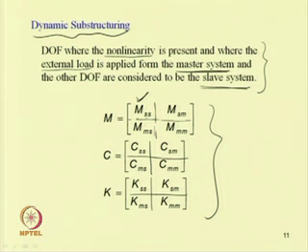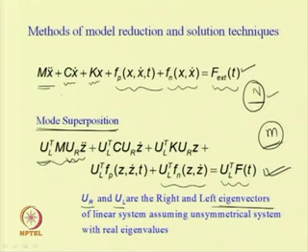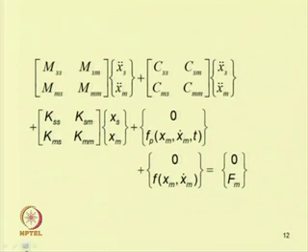Now, taking the mass, stiffness and damping in this master and slave form, we can write the original equation, M x double dot plus C x dot plus K x plus f_p plus f_n equal to f external, in this form. By substituting, we can write our equation in partitioned form, where x is partitioned into x_s and x_m.